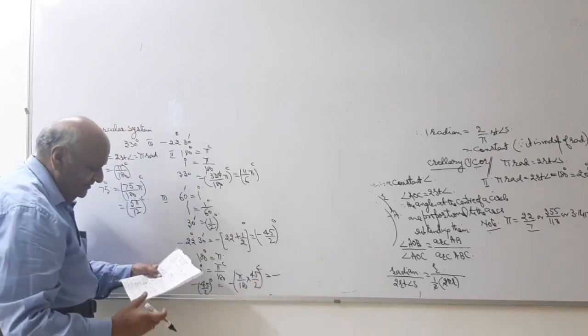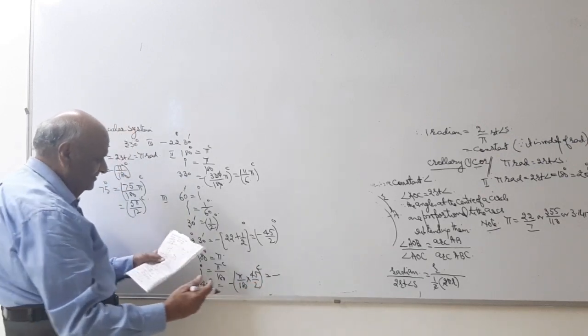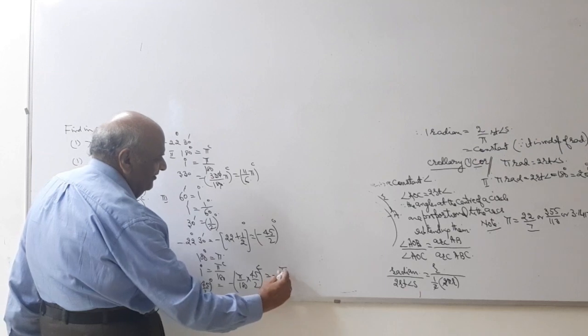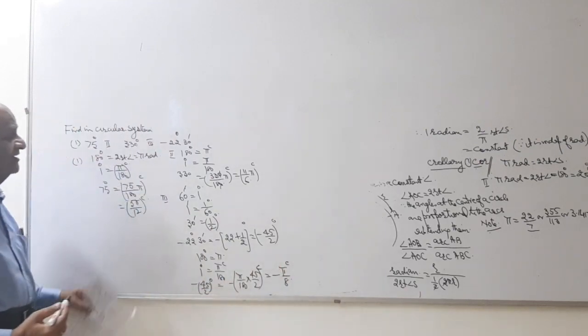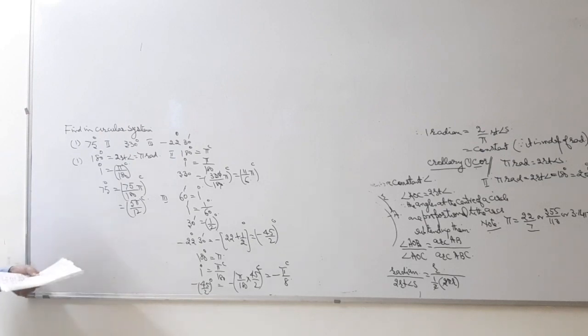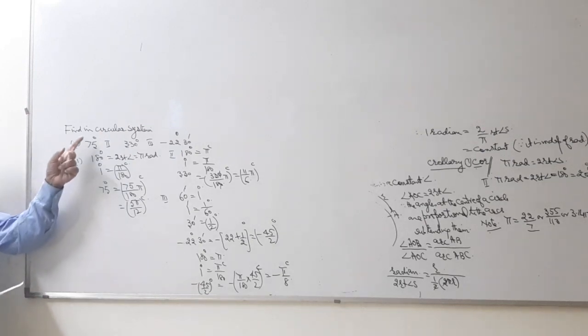It is just minus pi upon 8 radians. So this is the conversion we can talk about in the circular system.